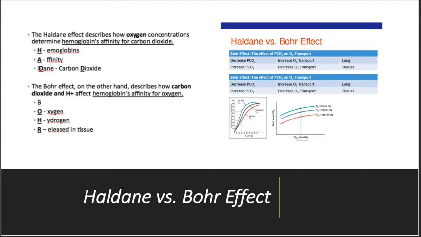And the Bohr effect, on the other hand, describes how carbon dioxide and hydrogen affect hemoglobin's affinity for oxygen. So when you start to research the Haldane and the Bohr effect, remember that one deals with the affinity for oxygen and one deals with the affinity for carbon dioxide.